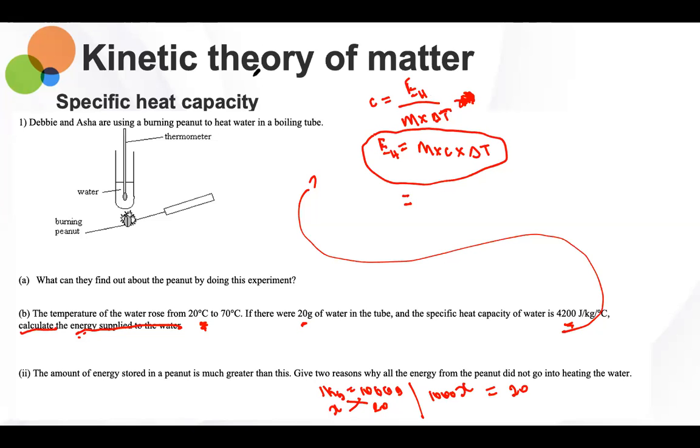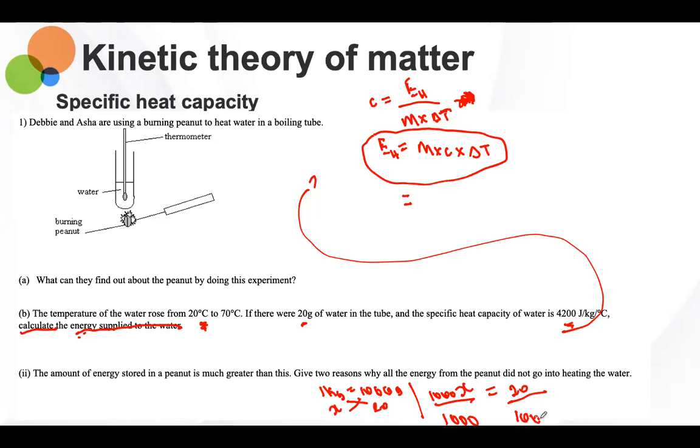So what's the value of X now? We want to get X on one side, so what do we do next? We divide both sides by 1,000.